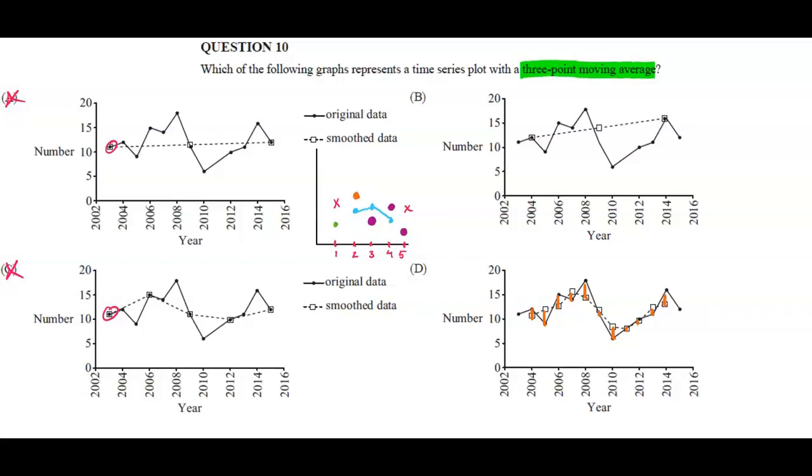So just like our 3-point moving average that we did in blue, you don't start at the start, you don't finish at the end, you start one in, and you do every point. So the answer to question 10 is D.